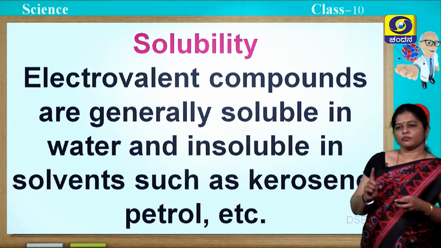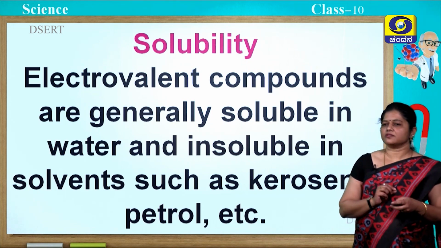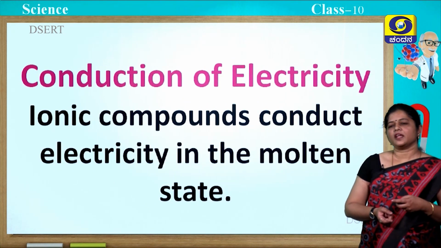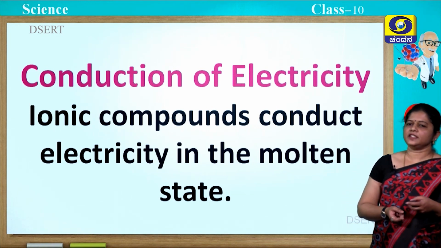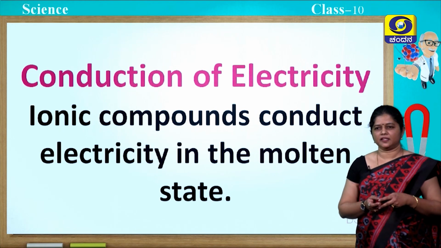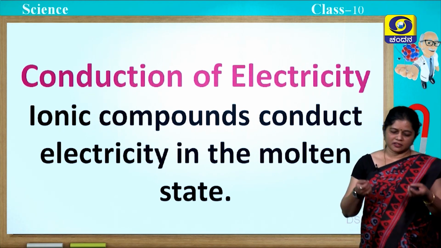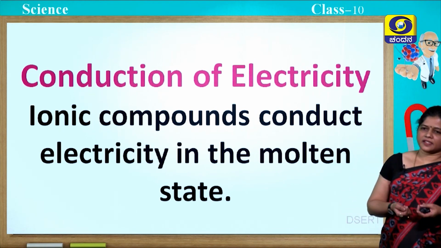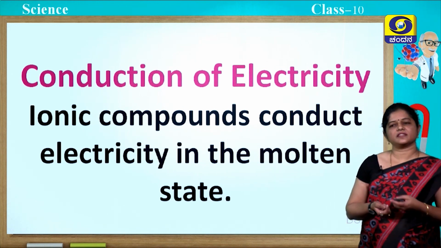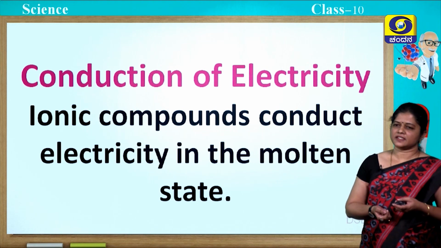They can dissolve in water but not in organic solvents like kerosene and petrol. And conduction of electricity. Ionic compounds conduct electricity in the molten state. They generally do not conduct electricity in the solid state as it is. They can conduct electricity in the molten state or in the solution state.